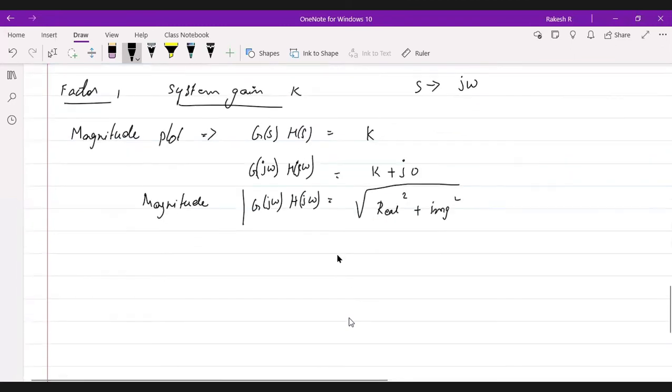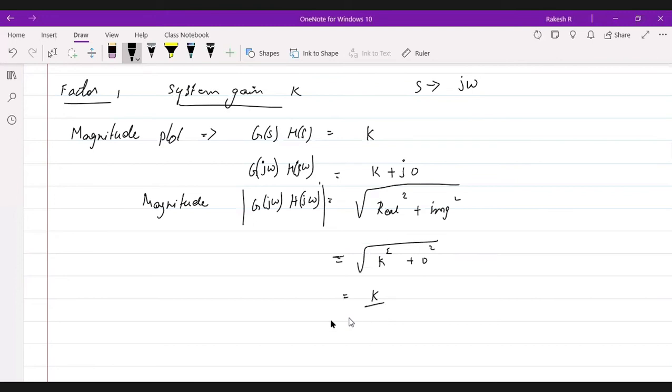So what is the real part? The real part is just k, that is k square, and the imaginary part is 0, 0 square. So the system is only k.